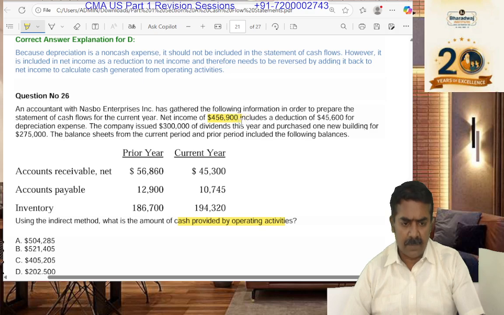Net income is there. So 46,000 we deducted for depreciation expense, we will add back. Dividends, these things will not come. Then accounts receivable, last year to current year, decrease. We will add how much?